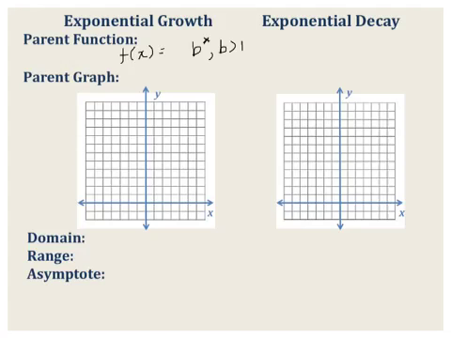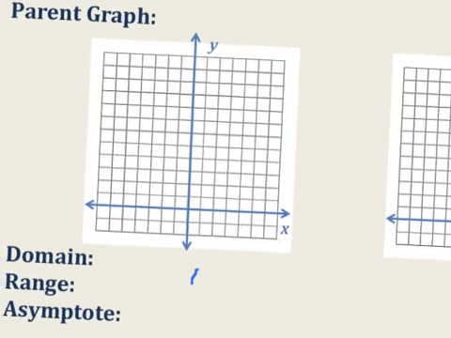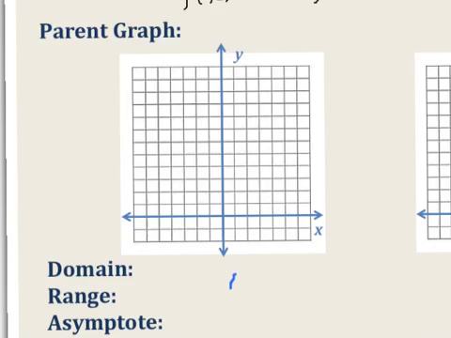Now, for the parent graph, the only point that we know for sure is the y-intercept, and the y-intercept is going to be at 0, 1.